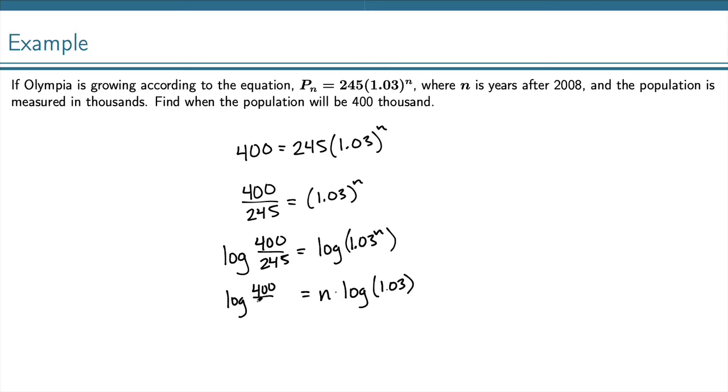Now, in order to solve for n, we just need to divide by this log. So we have log of 400 over 245 divided by the log of 1.03. This is equal to n.